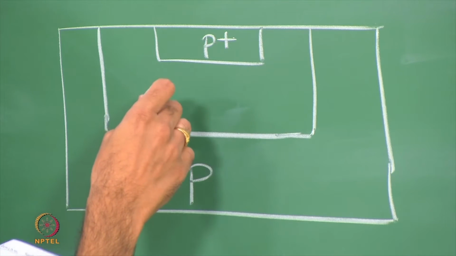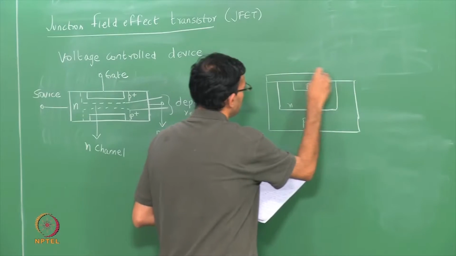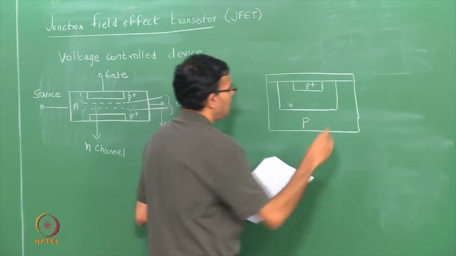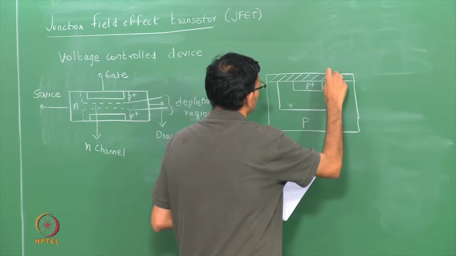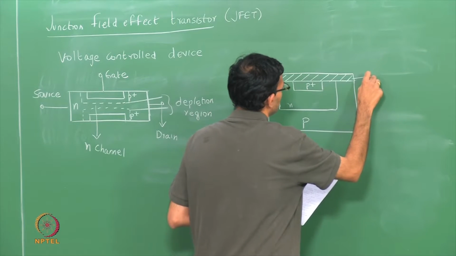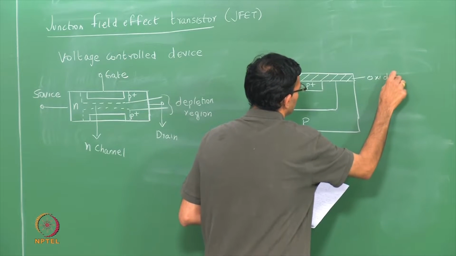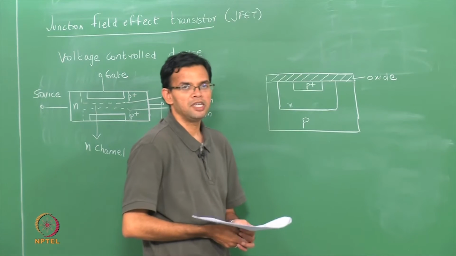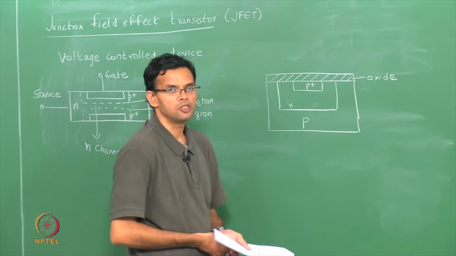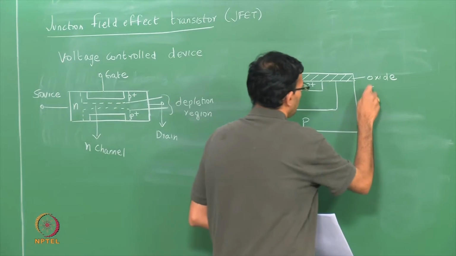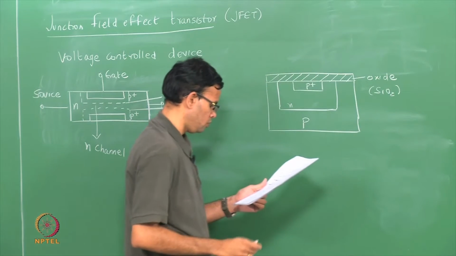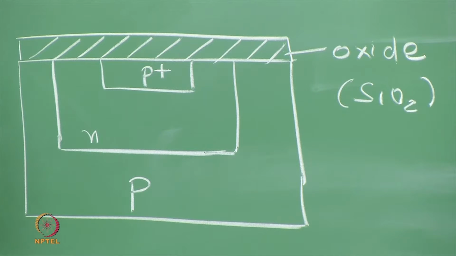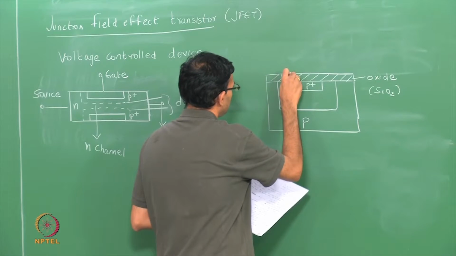So we can define 3 terminals. Usually there is an oxide layer on top. If your material is silicon, which is almost always the case, your oxide is SiO2. So we can form the 3 terminals.